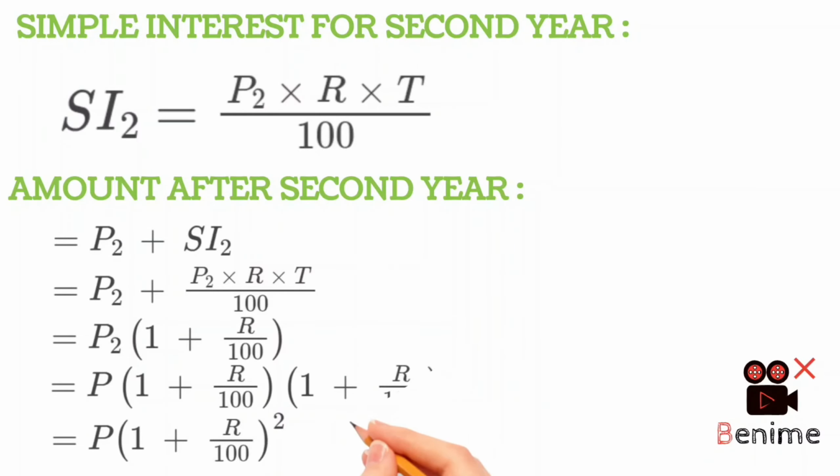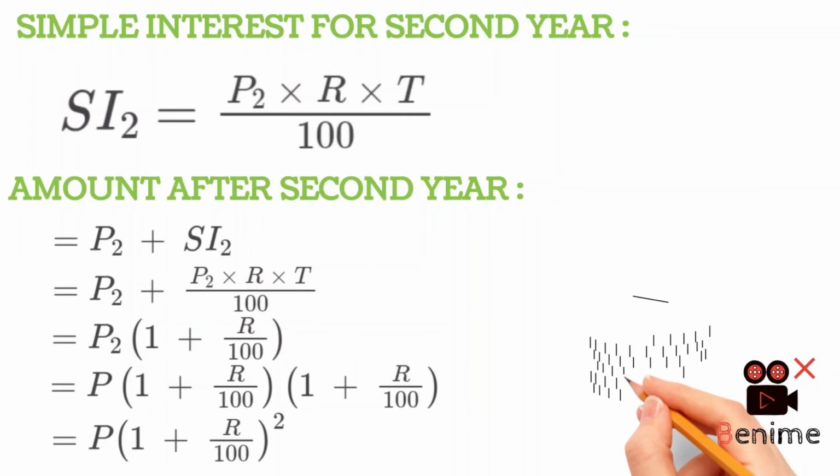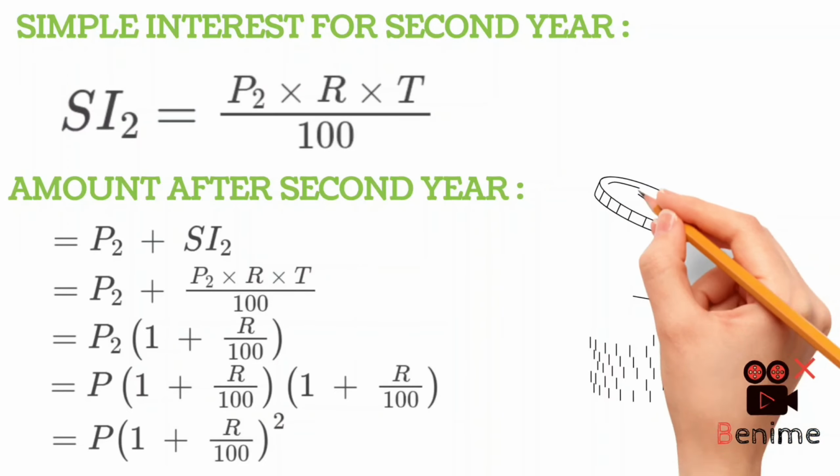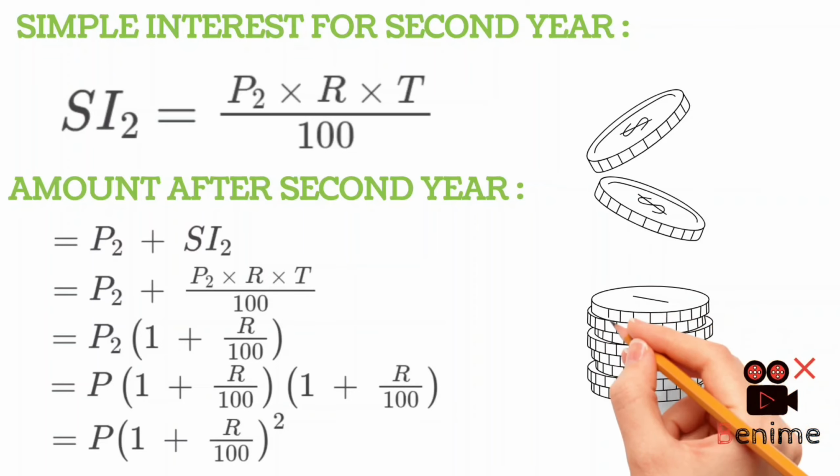If we take P2 common and put the value of P2, with T equals 1, we get P into 1 plus R by 100 whole square. Here also T equals 1, because the time gap between the second year and the first year is also 1.